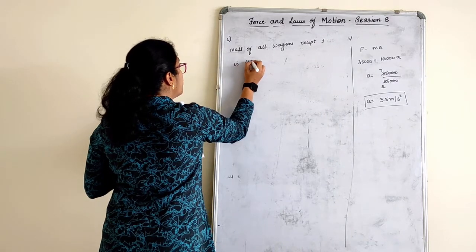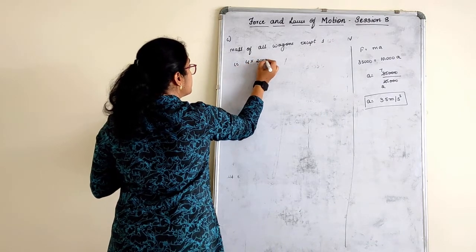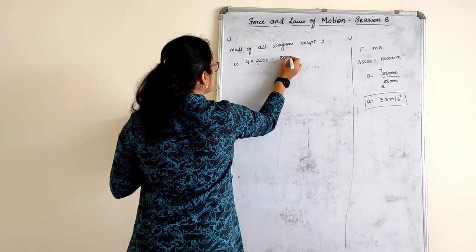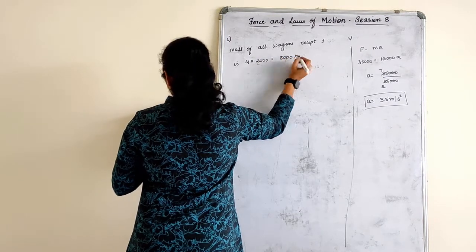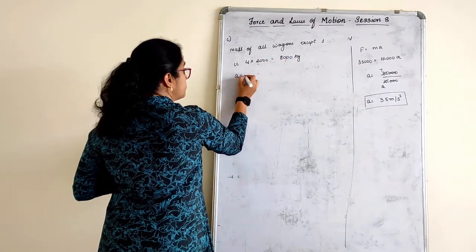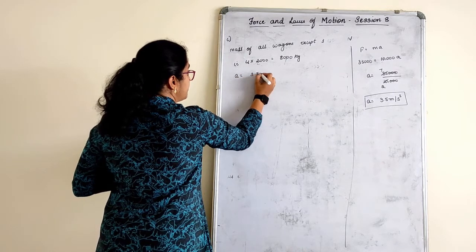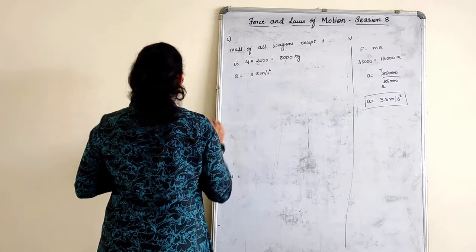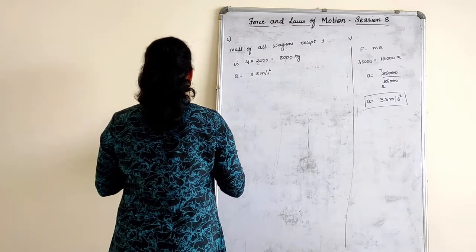That is 4 into 2000, 8,000 kg. Keep it as it is. What is the acceleration? We just now found out 3.5 meters per second squared. All are interrelated here.